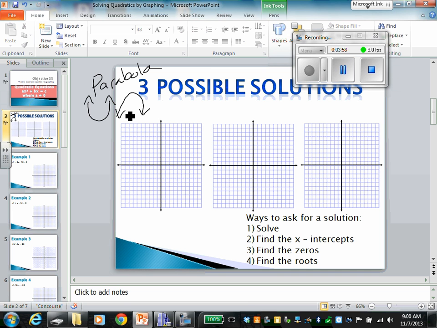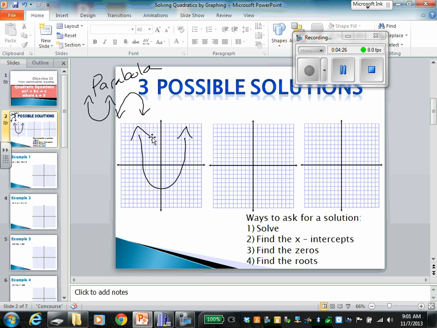So, normally when you graph, your graph will look something like that, okay? And in this case, the question is, where's the answer? Now, in a system, the answer is where they intersect, right? Okay? In a quadratic, it's going to be where it crosses the x-axis, okay?